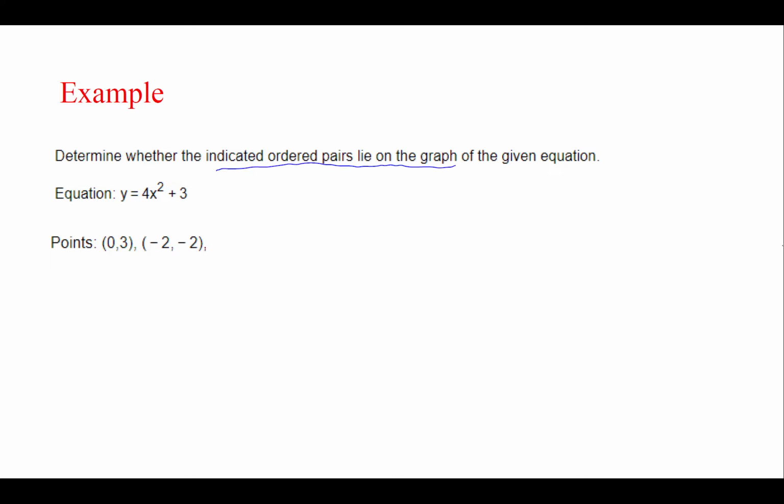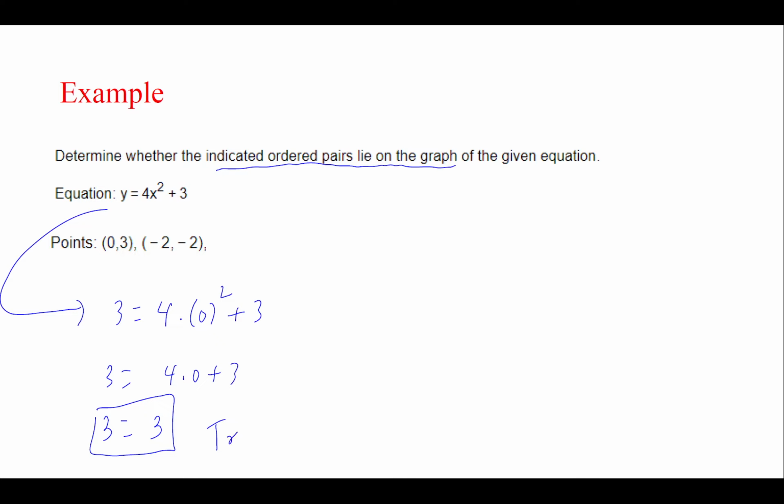So for that, you take the equation, you replace x by 0 and y by 3, and let's see what happens. 3 equals 4 times 0 plus 3. 4 times 0 is 0. 3 equals 3.